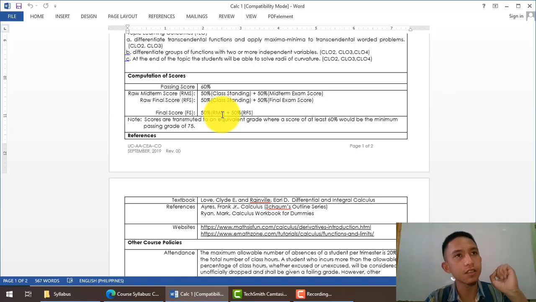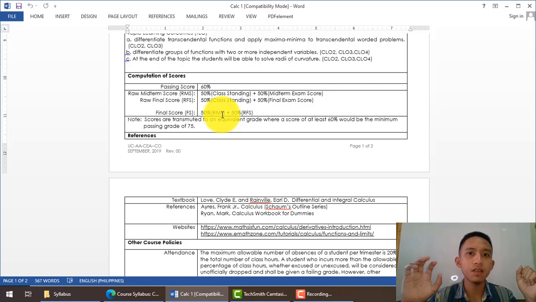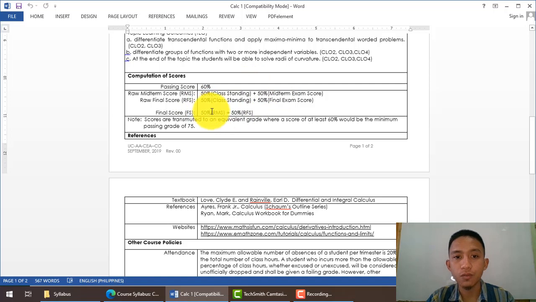Okay, so let's say you are not able to satisfy the minimum 60% in your midterms. Then you should now try to do your best in your final for you to fill that discrepancy in your midterms. So that if you will get the one half and one half of that and then combine, you will end up with at least 60% so that you will pass. Okay, so that is how we compute your grades.